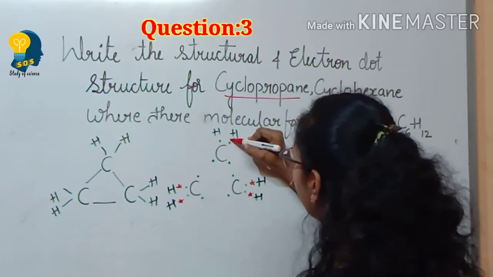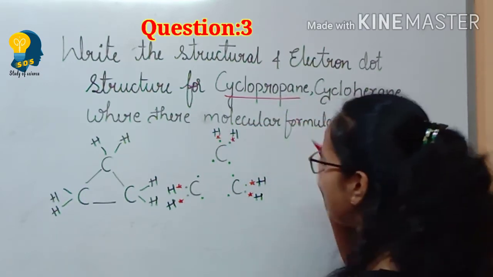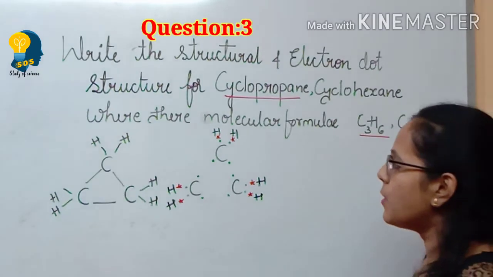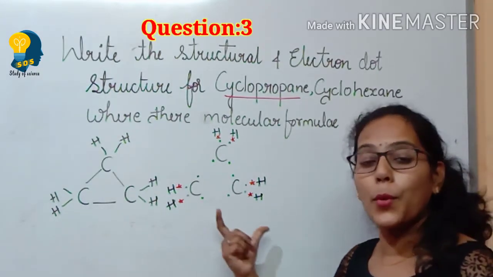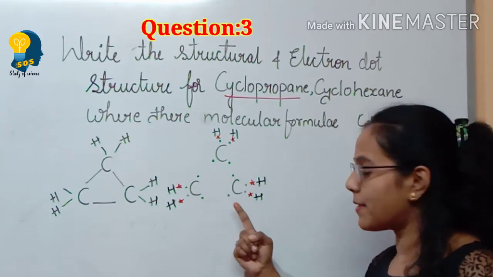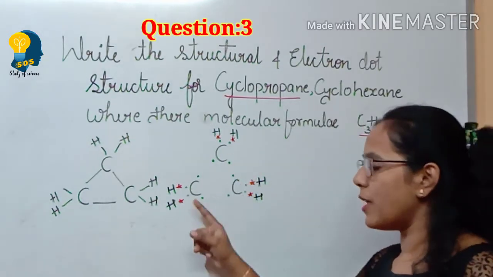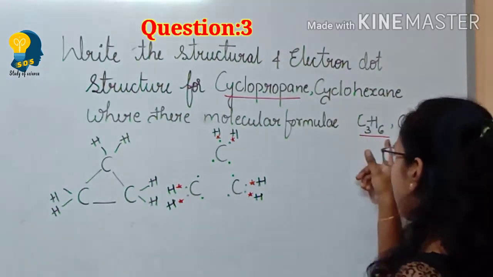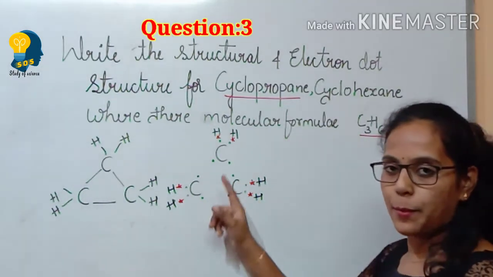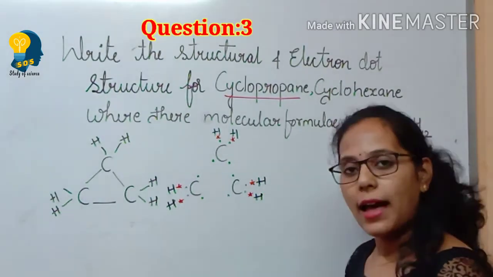For each hydrogen atom, there will be 1 valence electron. Clear? So this is how we write the electron dot structure for cyclopropane. Cyclo, cyclic structure, prop, 1, 2, 3 carbons, and it is ane, single bond. So C3H6, I wrote C3, that is 3 carbon atoms and 6 hydrogen atoms.